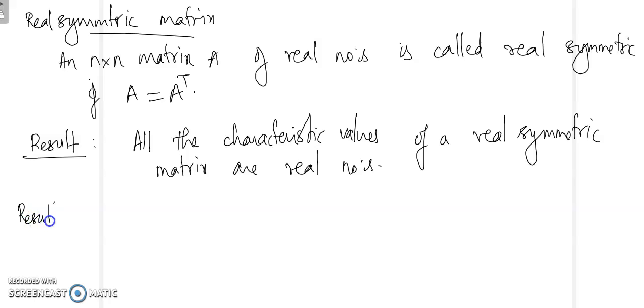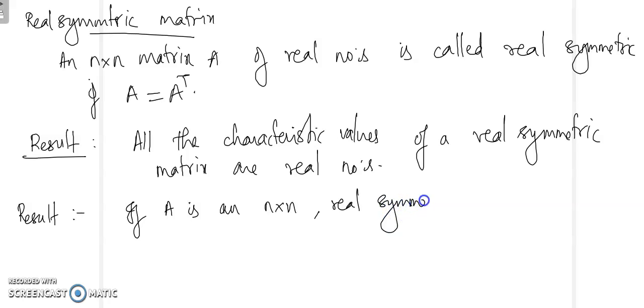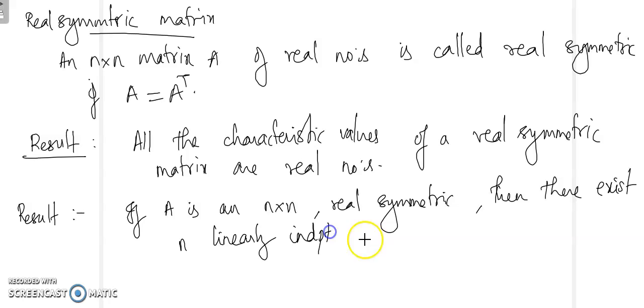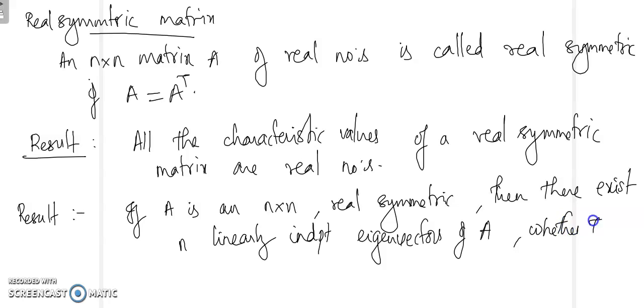And one more result. So if A is an n by n matrix, again real symmetric, then there exist n linearly independent eigenvectors of A, whether the eigenvalues are distinct or not.